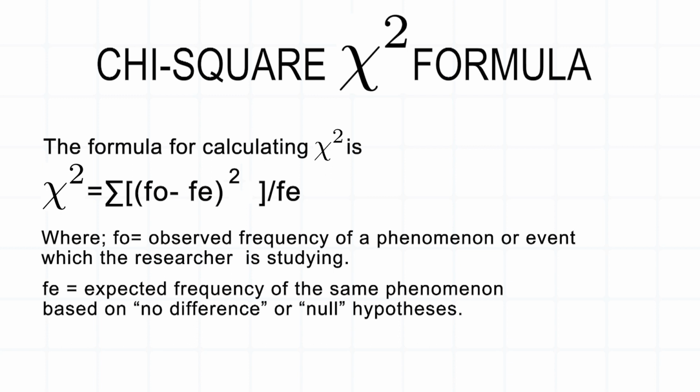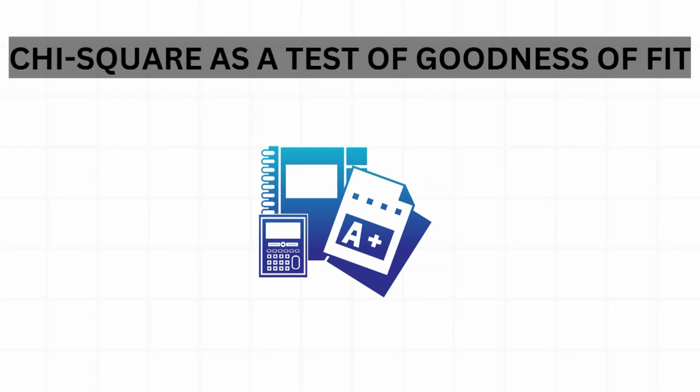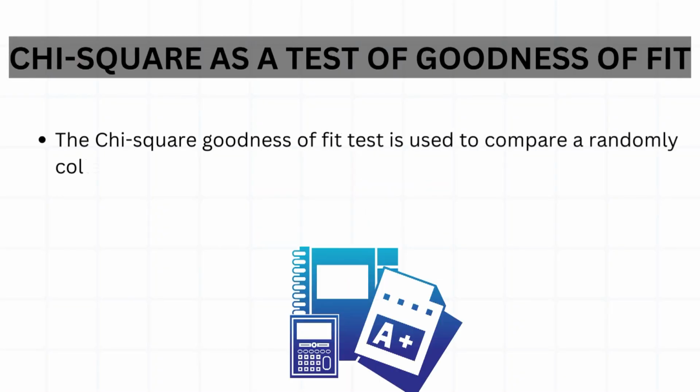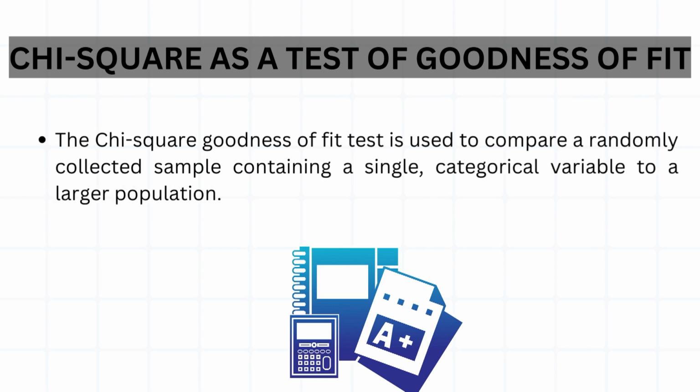So, let us understand chi square as a test of goodness of fit. First, the chi square goodness of fit test is used to compare a randomly collected sample containing a single categorical variable to a larger population.